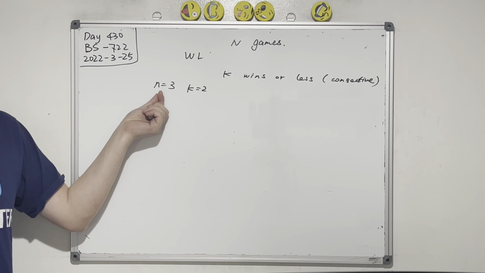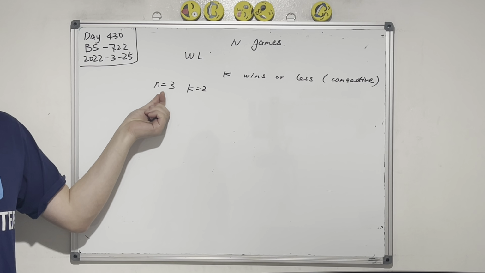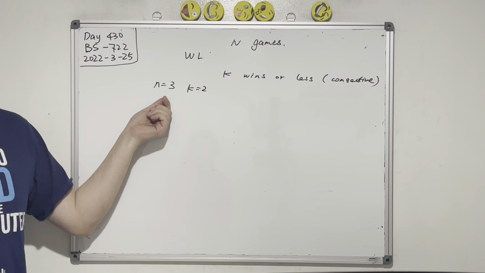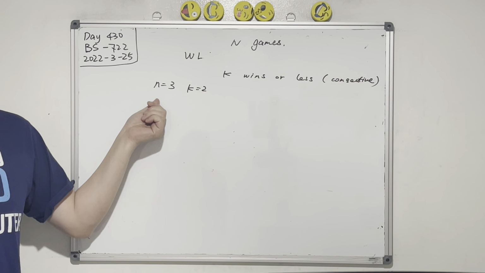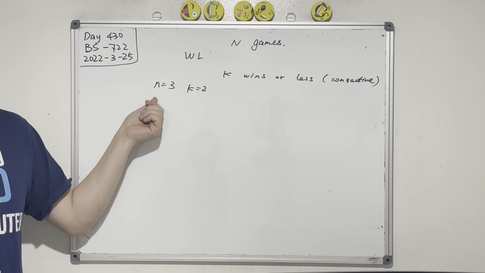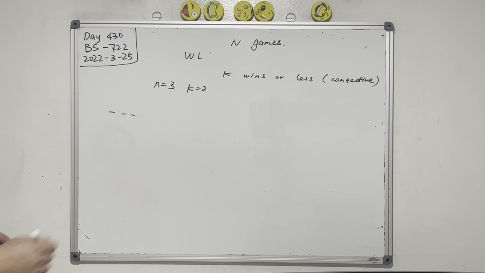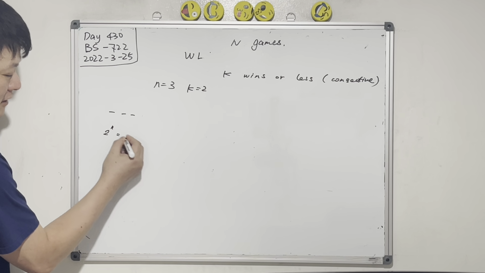How many different situations will that be? What's the total number of permutations? We play 3 games, each one has 2 possibilities. How many possibilities altogether? 8. Yeah, exactly, 2 to the power of n equals 8.